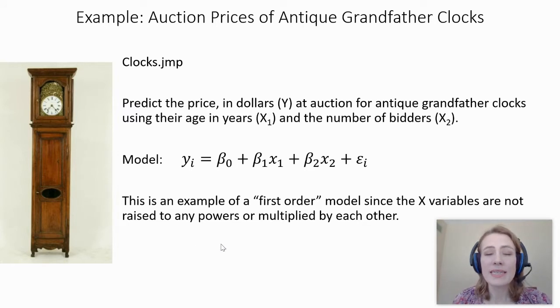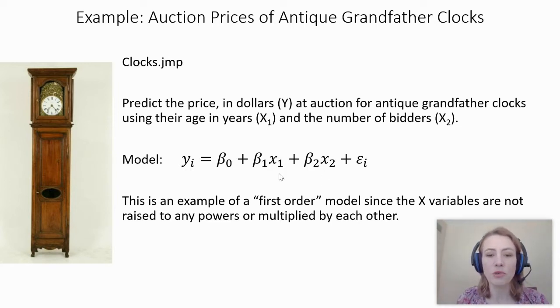All right, so this is an example of what we call a first order model. A first order model is basically a really simple model where we simply have these different beta coefficients times a single x variable, and they're simply added on like that. For instance, none of these x's are being raised to a power, like being squared.